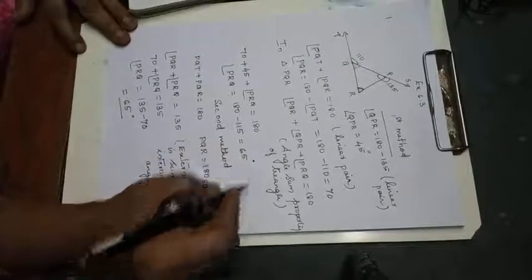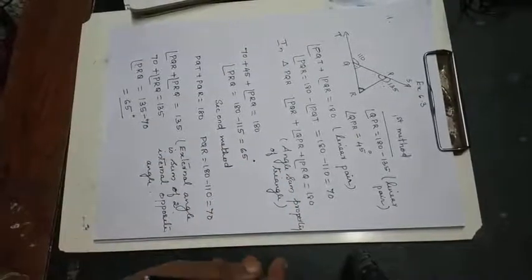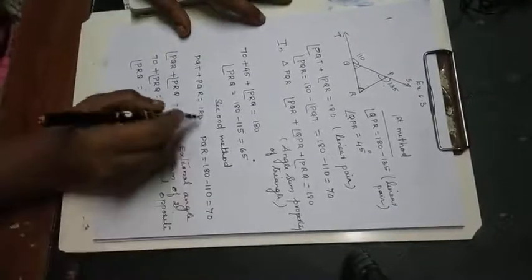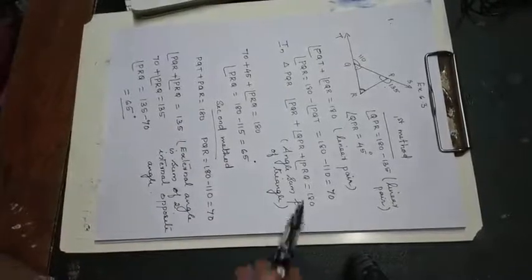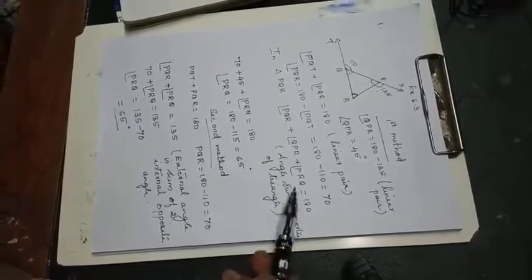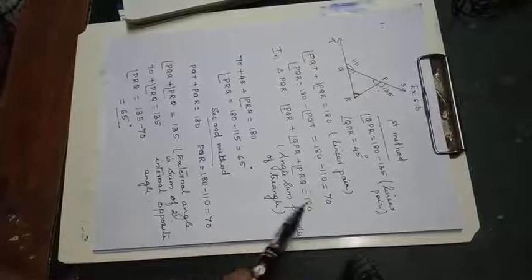So of the two methods, any method you can take. Whichever one you feel is easier, because both the theorems we have learned. So both the methods are correct. Whatever you feel easier you can use.